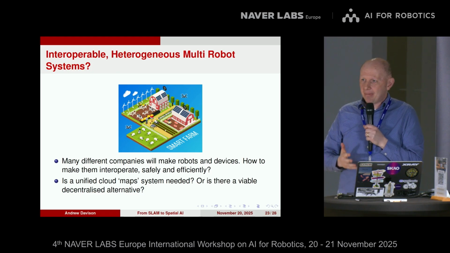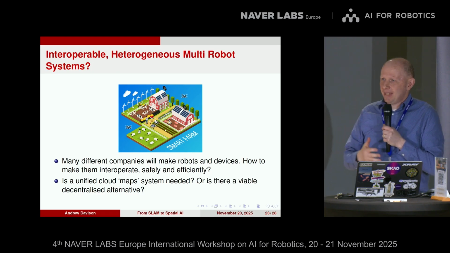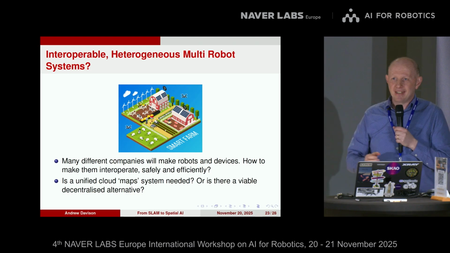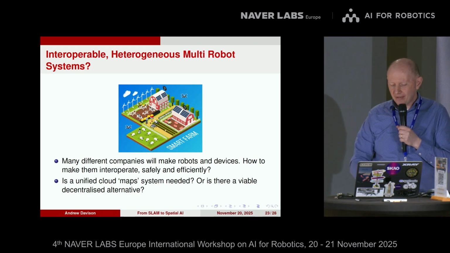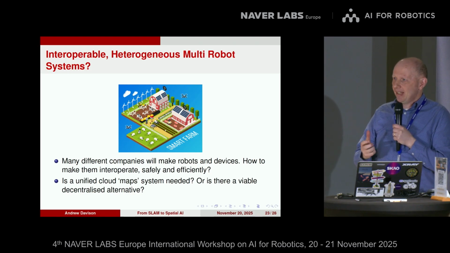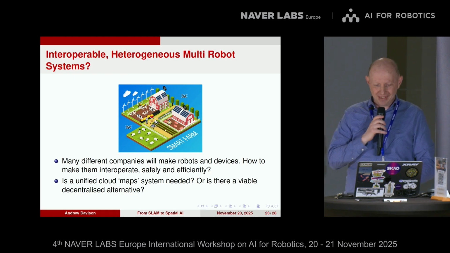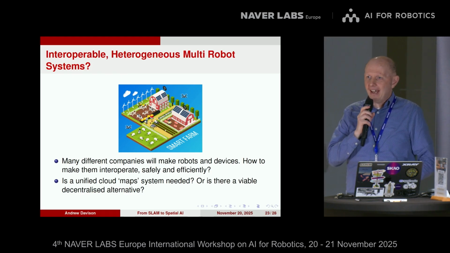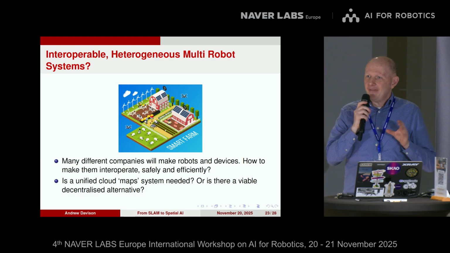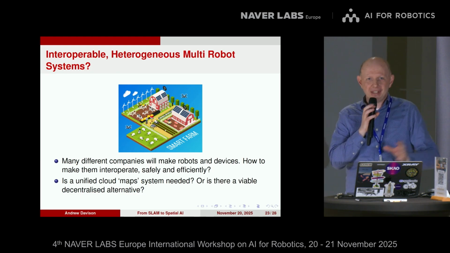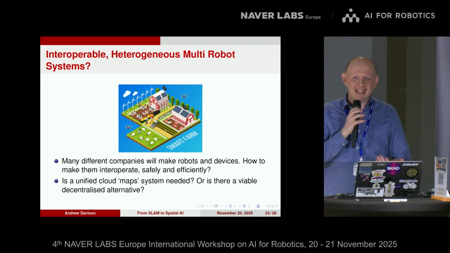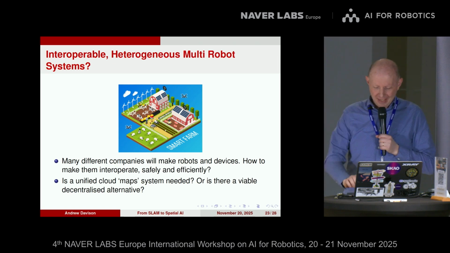So that is definitely a possibility, but maybe there's another possibility which is a bit more decentralized. An ideal situation would be any company could make a device that would do some job on a farm. And then if it obeyed some kind of common open protocols, then it would be able to interoperate with all the other devices. That would seem to be a desirable thing.